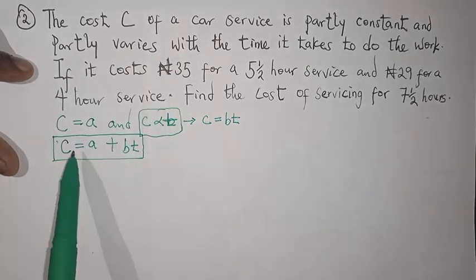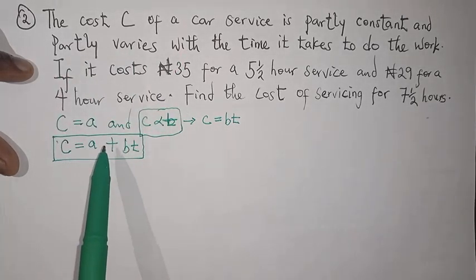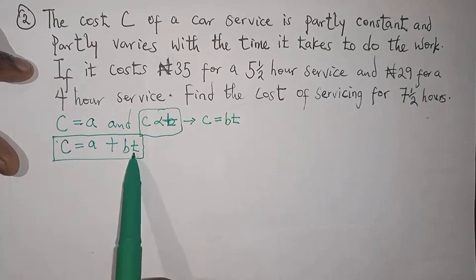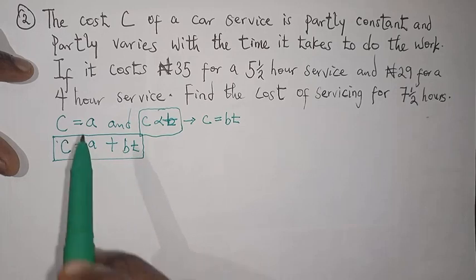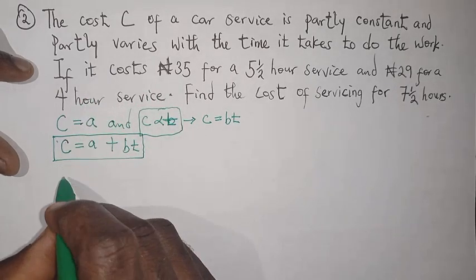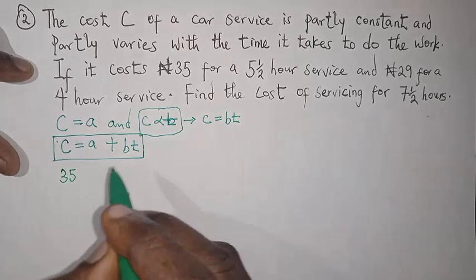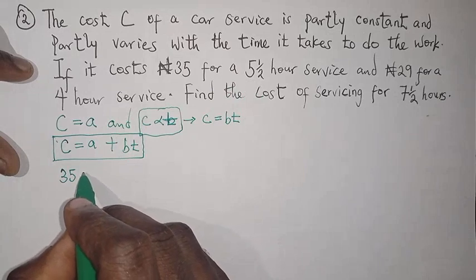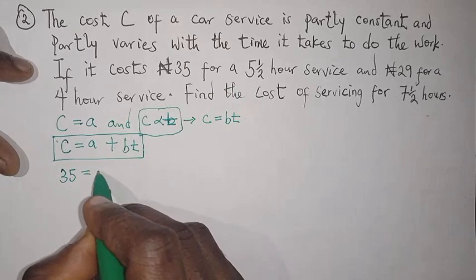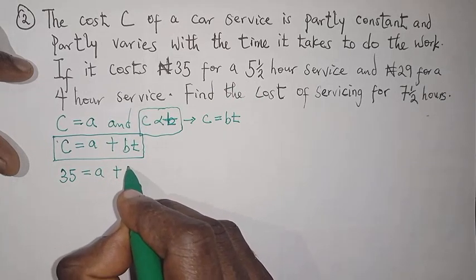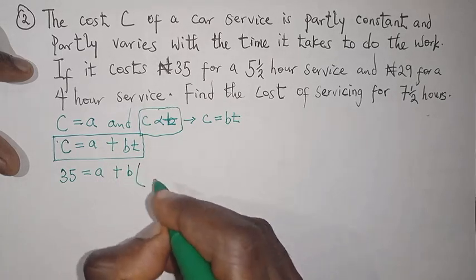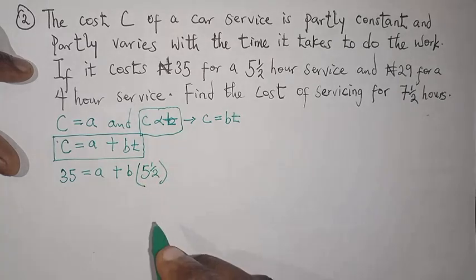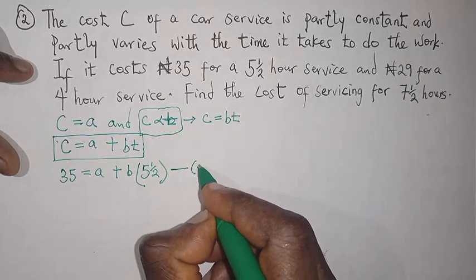If it costs 35 naira for a 5.5 hour service, that means the time for 35 naira is 5.5 hours. So 35 equals A plus 5.5B. This is my equation 1.